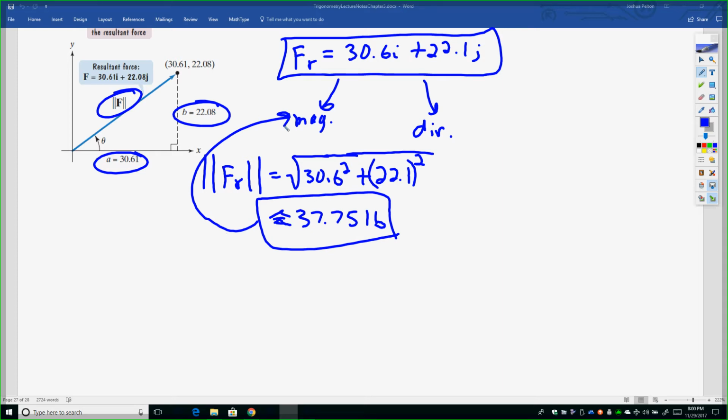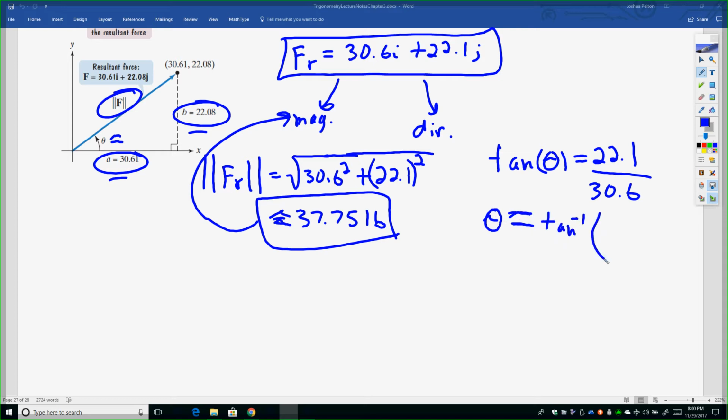So the direction is this angle here. Well, if we do this angle, I have opposite and adjacent. That's a tangent, correct? So tangent of theta is 22.1 over 30.6. So if I inverse tan both sides, I get theta equal to inverse tan of 22.1 over 30.6. So my theta is approximately 35.84 degrees.